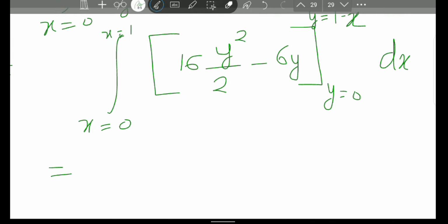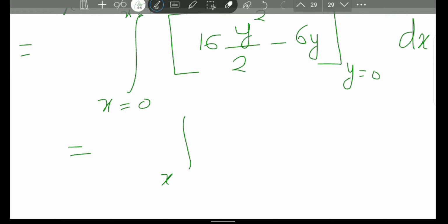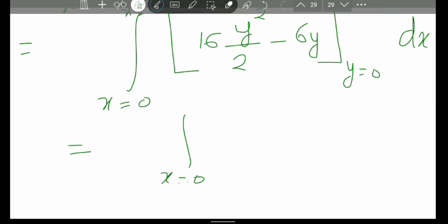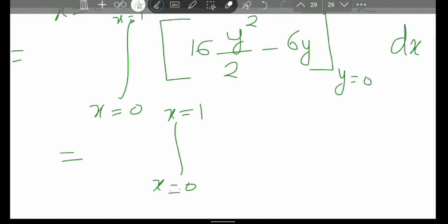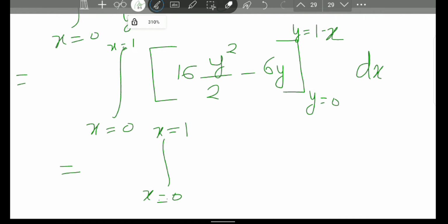Let's calculate that. Once again, we need to change x from 0 to 1. Let's put the upper limit. We can cancel 16 and 2 to get 8. So 8, and upper limit the value of y is 1 minus x. So 1 minus x whole thing square minus 6, upper limit value of y is 1 minus x.